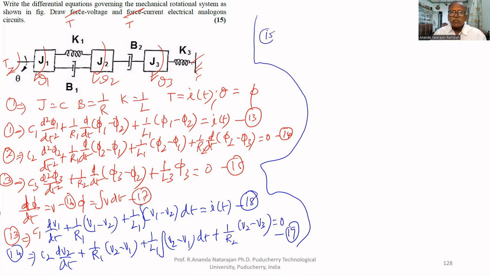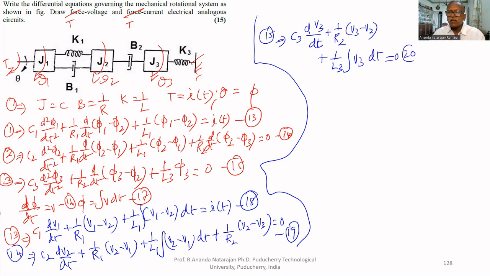And equation 15 becomes C3 d phi 3 by dt, phi 3 becomes v3: C3 dv3 by dt plus 1 by R2 (v3 minus v2) plus 1 by L3 integral of v3 dt equal to 0.